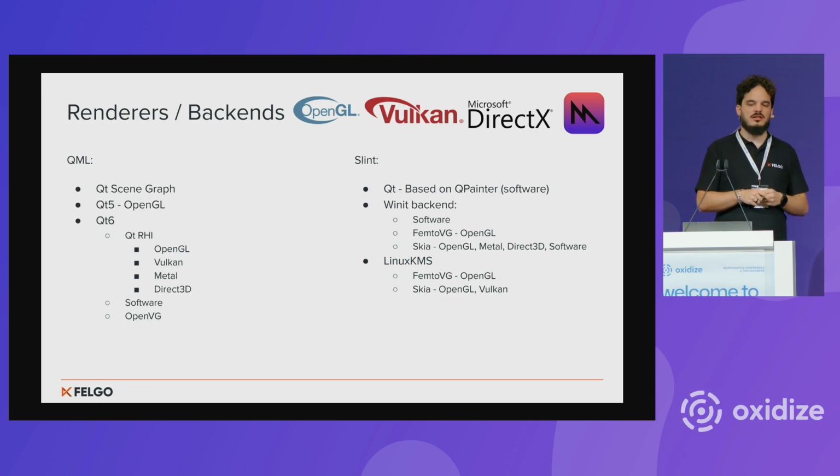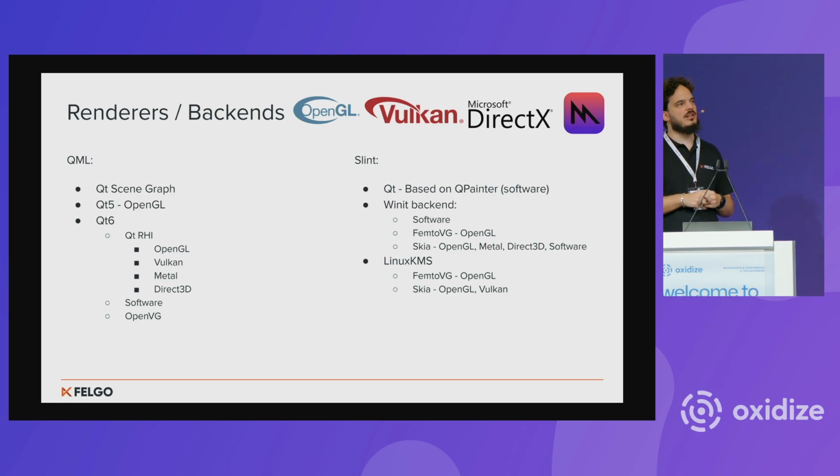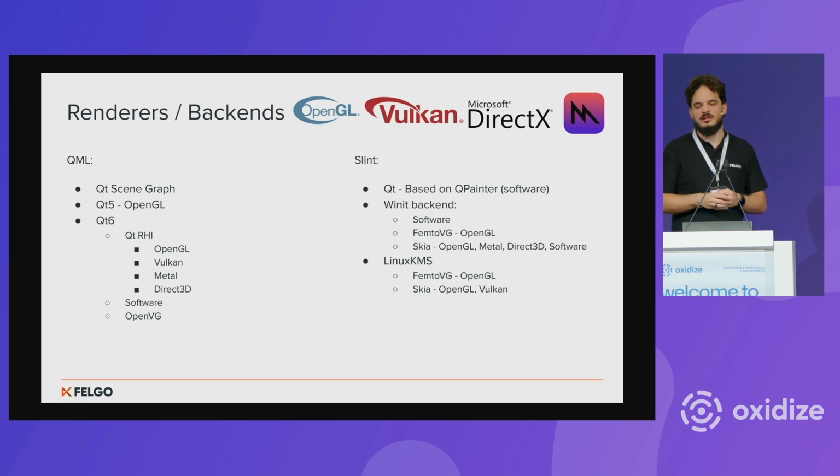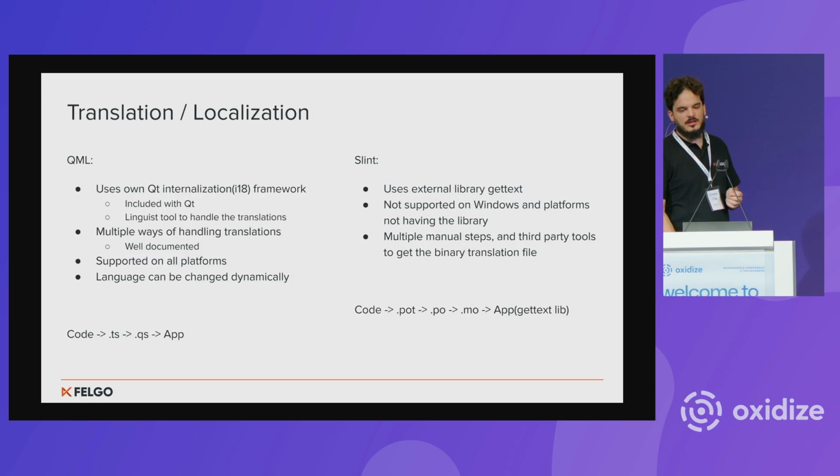While in Slint, the default renderer for Linux is a Qt one based on QPainter. It's a software renderer. But you also have the winit backend that can support either software rendering or FemtoVG with OpenGL, and Skia as well, for the other platforms' renderers.